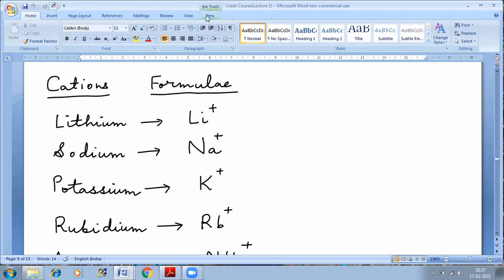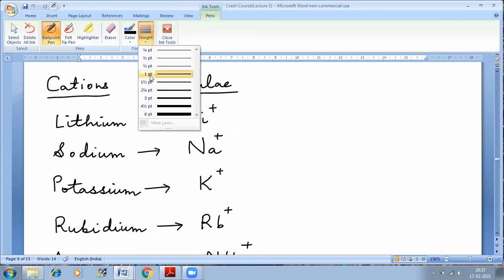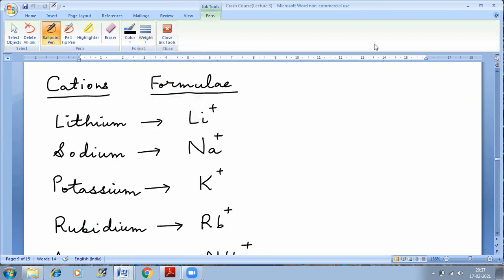Cations are positively charged ions. So these are the common cations that you have to know.